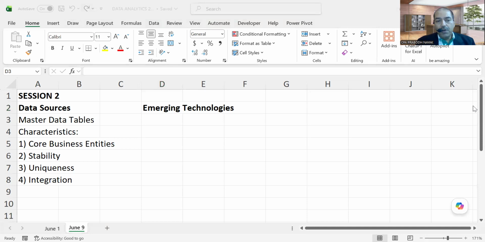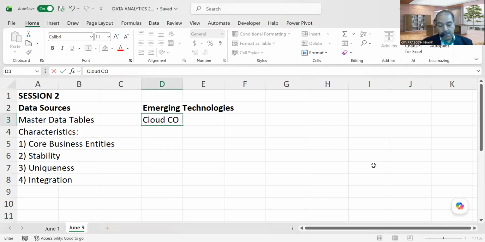We can have cloud computing, data scientists creating some machine learning predictive models, big data, the concept of big data. So these are all the emerging technologies shaping the modern data ecosystem. So cloud computing, machine learning, big data.